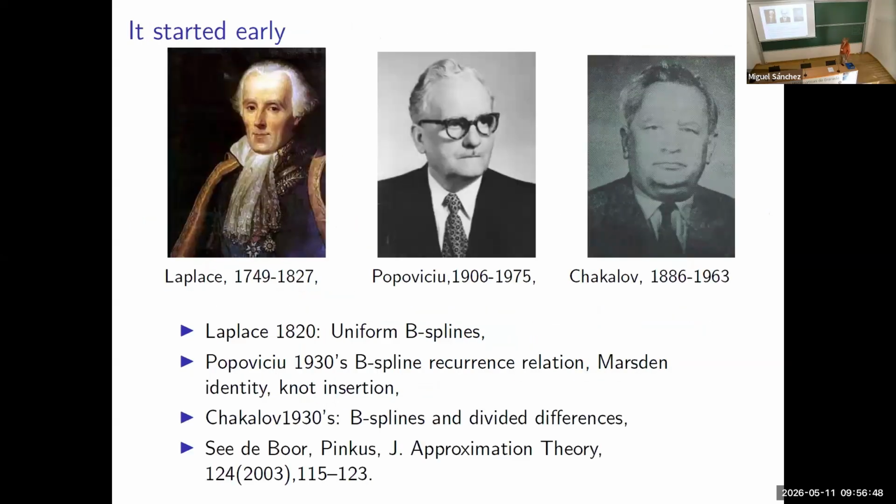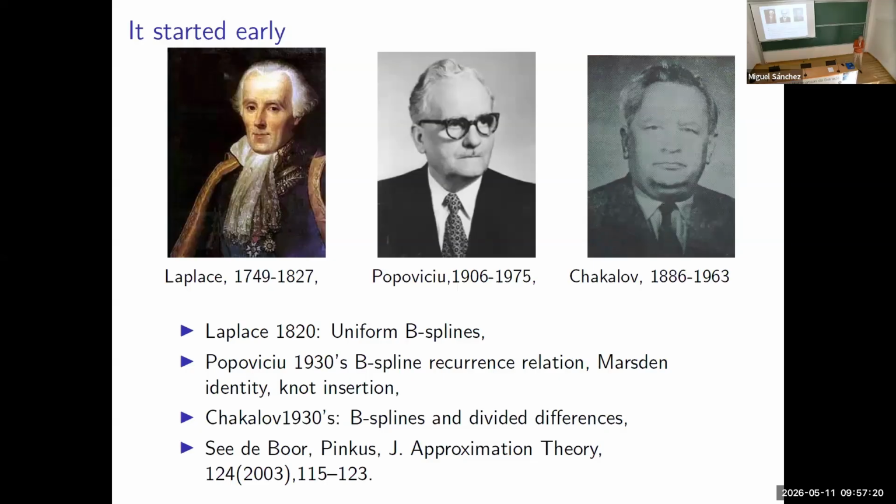So let me just break with the history here. B-splines go back to Laplace in his book on statistics, around the beginning of the 19th century, 1802 or something like that. And then there were some Bulgarians and Romanians who actually developed almost all we know about B-splines in the 1930s.